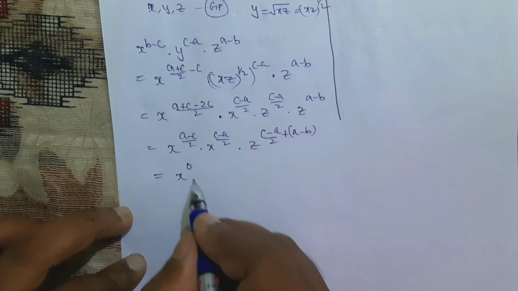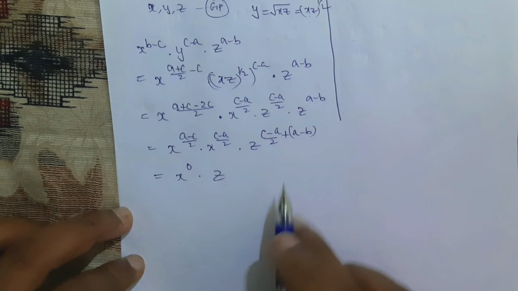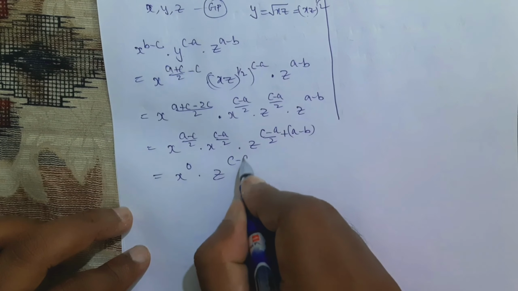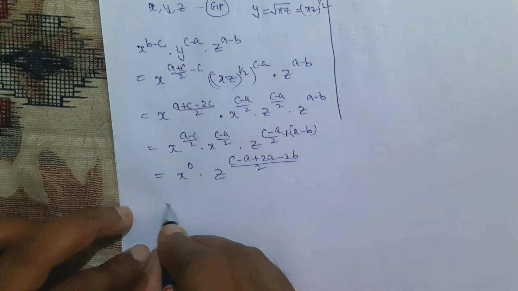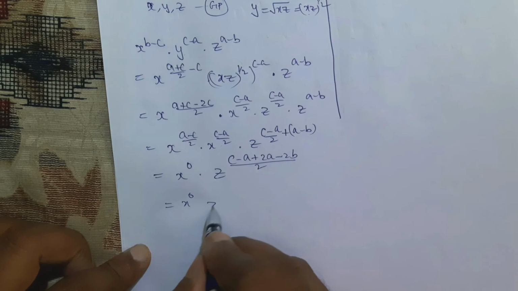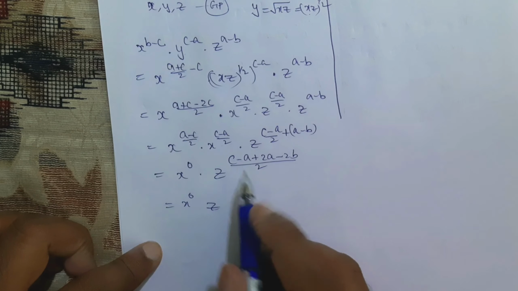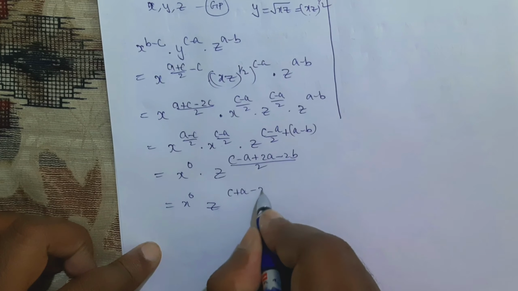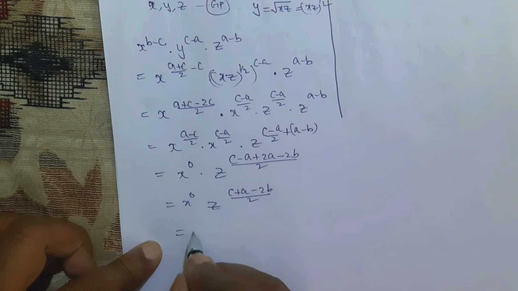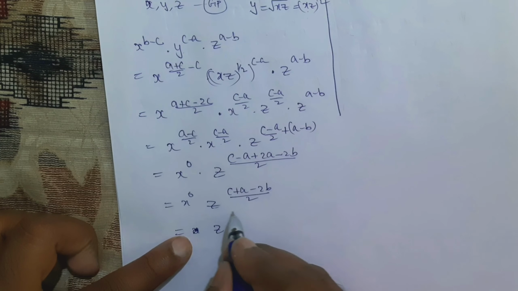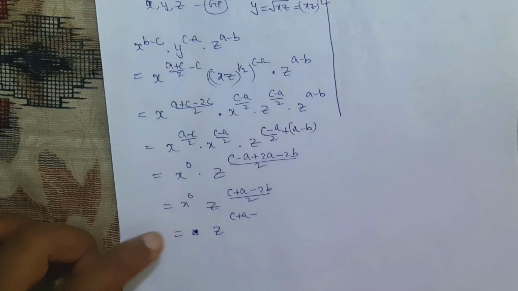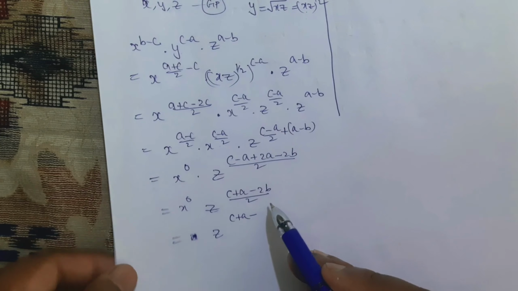Into z to the power of, if you simplify this, you will get (c minus a plus 2a minus 2b) by 2, which is x to the power of 0 into z to the power of (c plus a minus 2b) by 2. So x power 0 is 1, into z to the power of (c plus a minus 2b). What is the value of 2b?